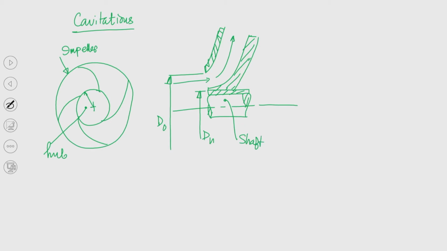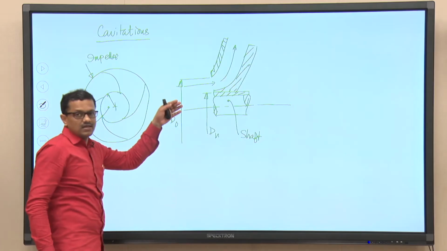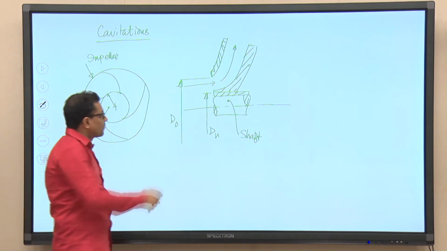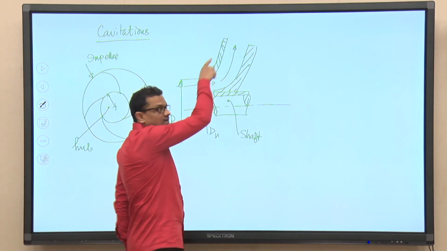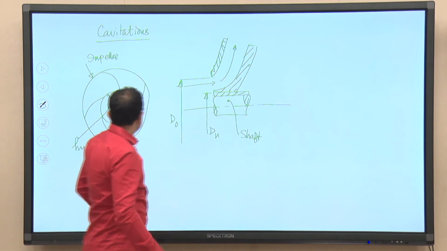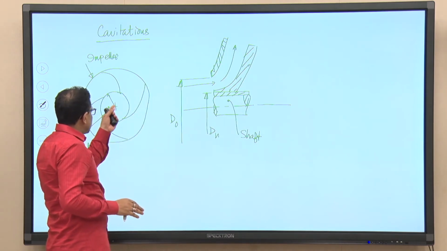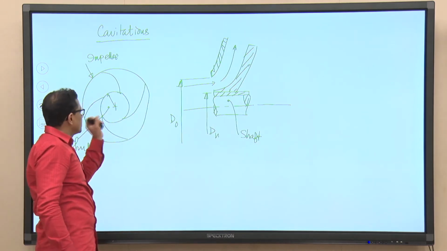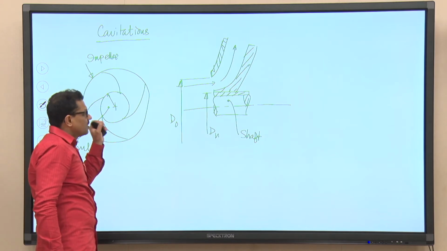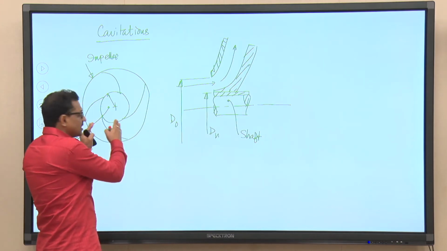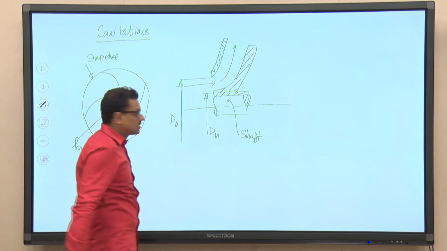Now, when water is coming from the source through a pipe and getting into the pump impeller, there is a change in direction from the axial one to the radial one, and that cannot be seen from this particular diagram. We have to visualize that.